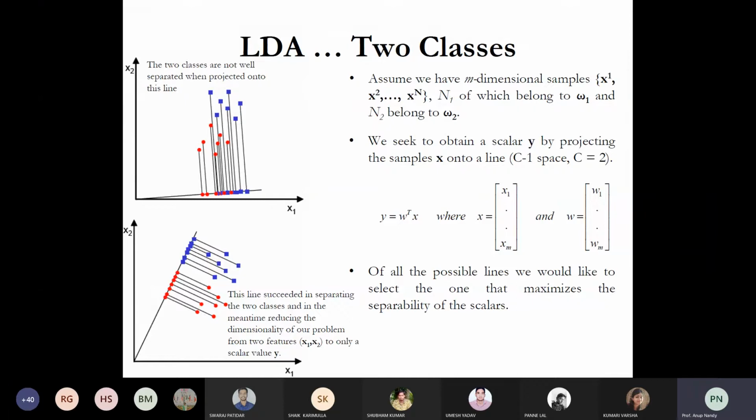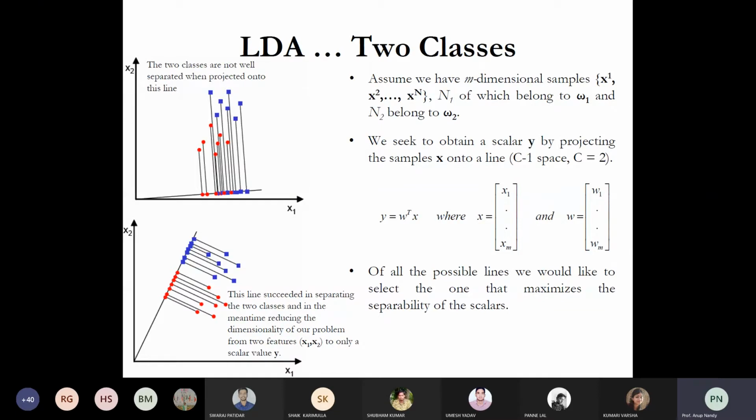The blue samples are coming from class 1 and the red samples are coming from class 2. What you have to do is take one direction and project your actual data onto it, so that from 2D you are going to have 1D.